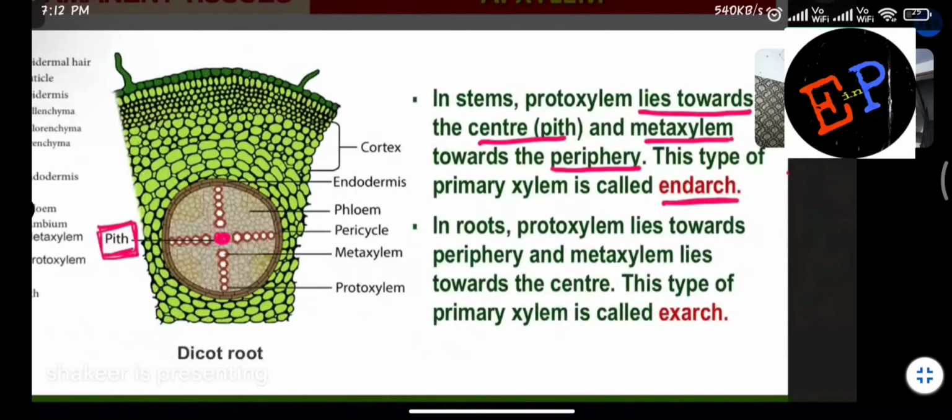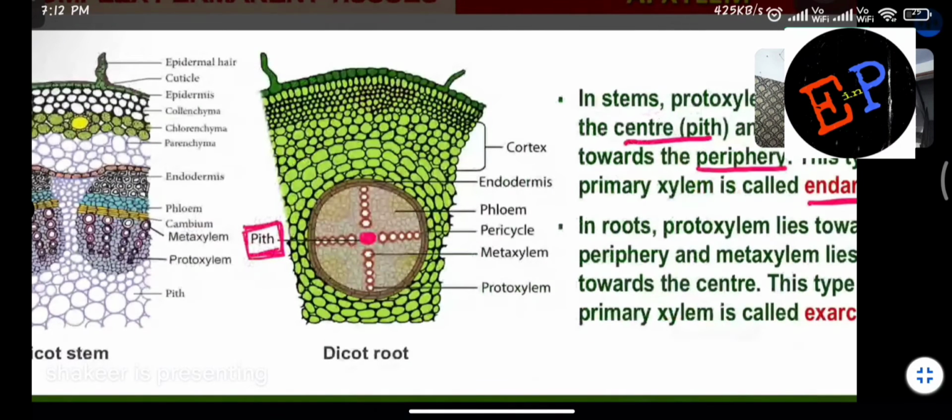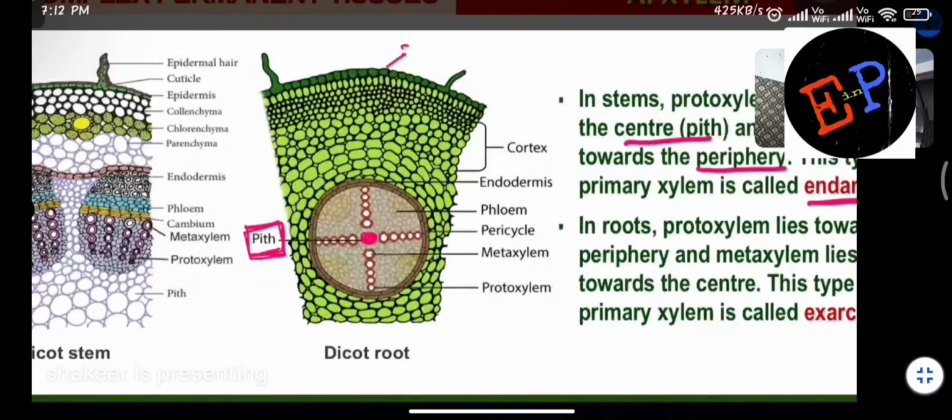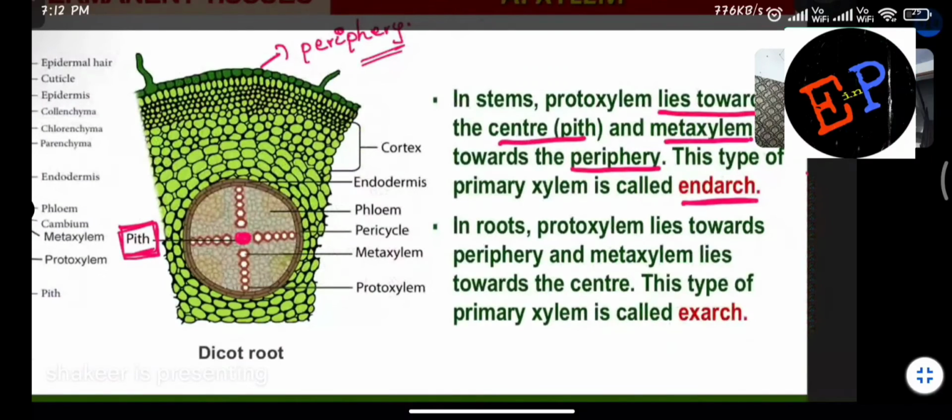So if protoxylem lies towards the pith, and towards the periphery, meaning the outer structure, if metaxylem is lying, then this type of arrangement is called endarch. You can find this in the case of stems.